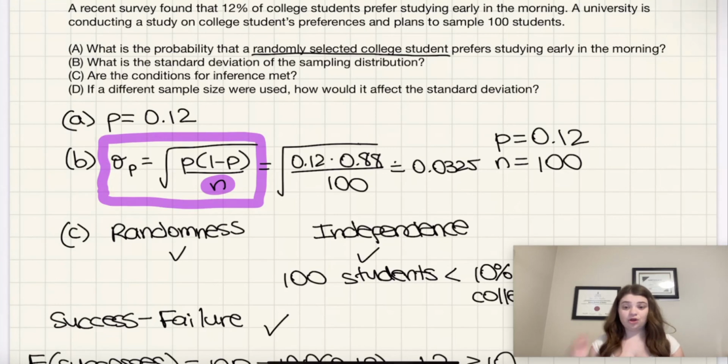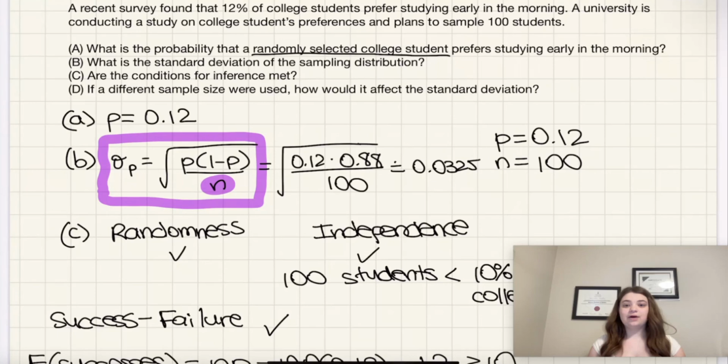So basically, to make a long story short here, increasing the sample size, surveying more and more students, is going to reduce the standard deviation, make it lower, and decreasing the sample size, so surveying fewer students, is going to increase the standard deviation.